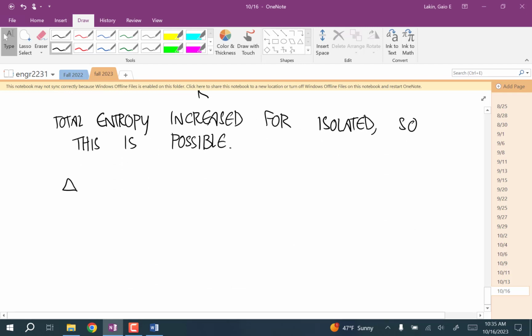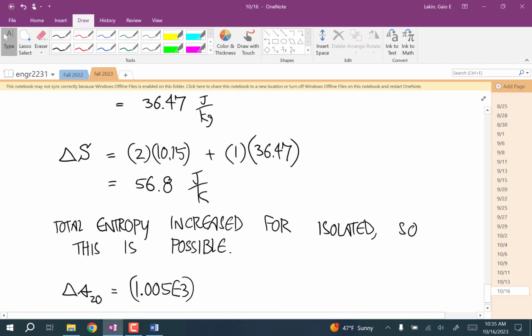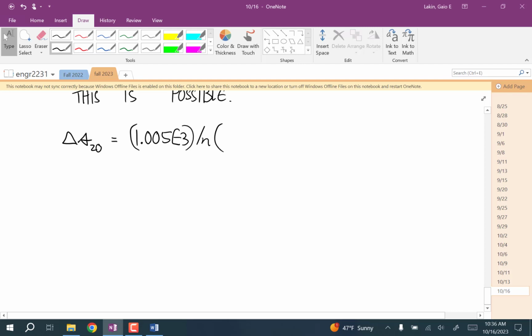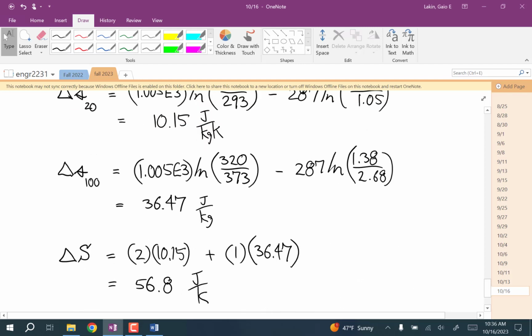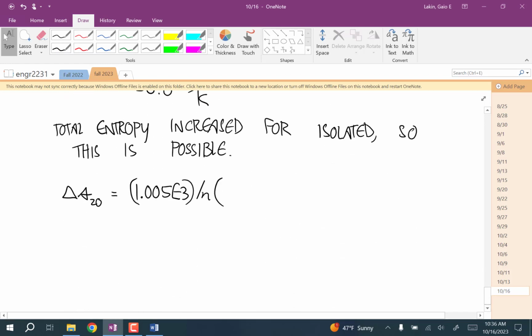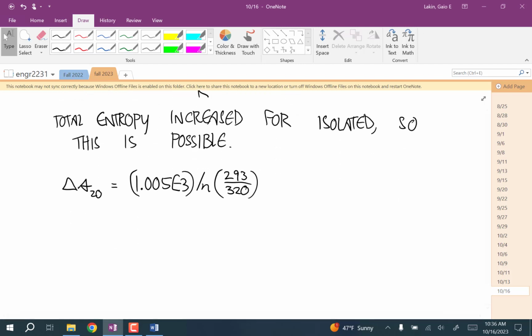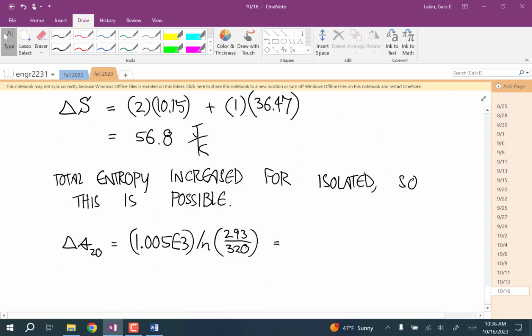So your change in specific entropy for the 20 would be, let me just write this down once, 1.005 times 10 to the third times the natural log of, in this case, you would have an ending temperature for the 20 degree air of 293 and a starting temperature of 320. And that would give you negative 10.15.